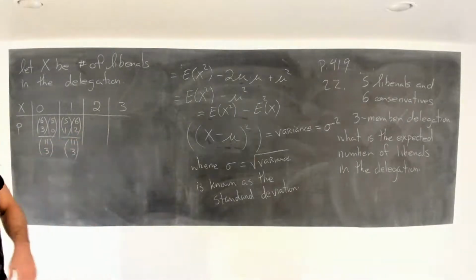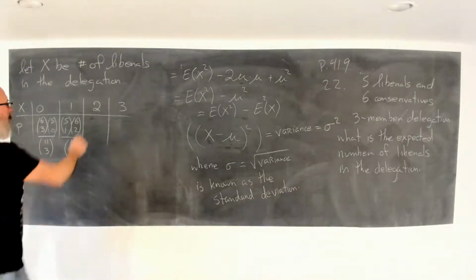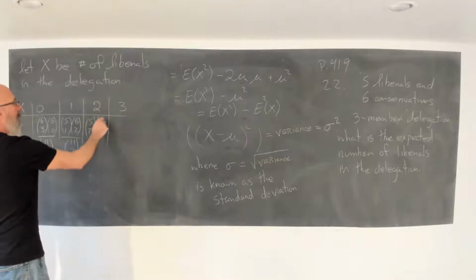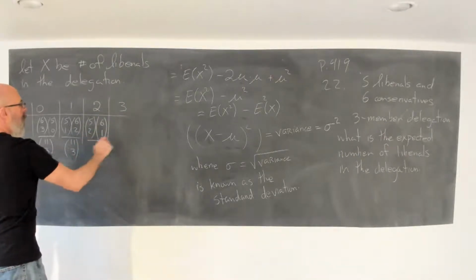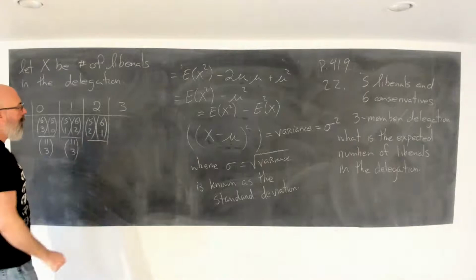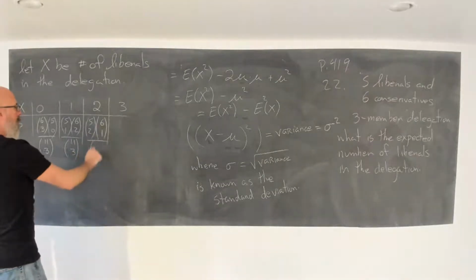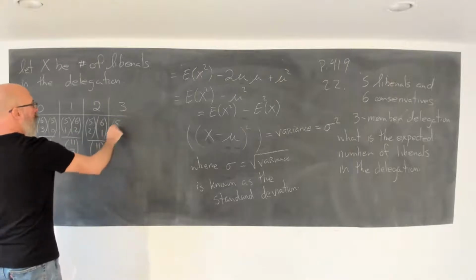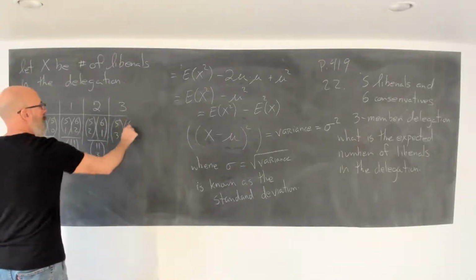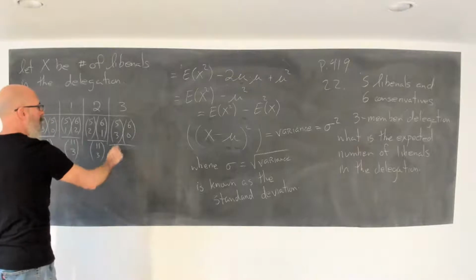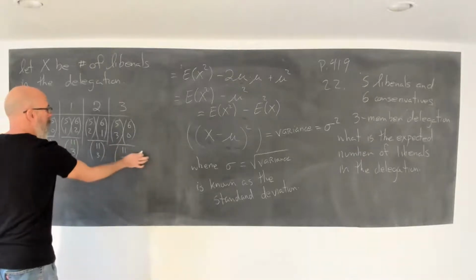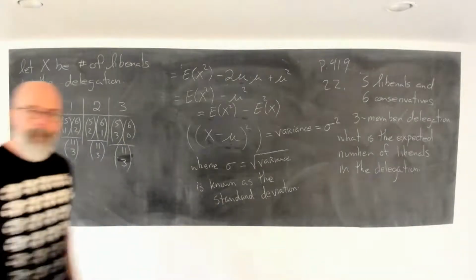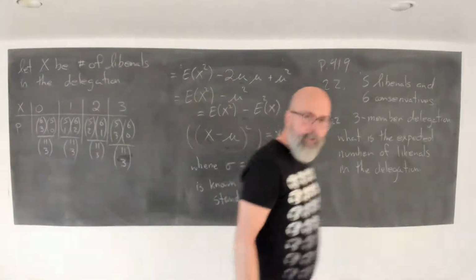And for 2, you're going to choose 2 liberals from the 5 and 1 more delegate from the conservatives. And finally, 5 choose 3, 6 choose 0 over 11 choose 3. Convinced?